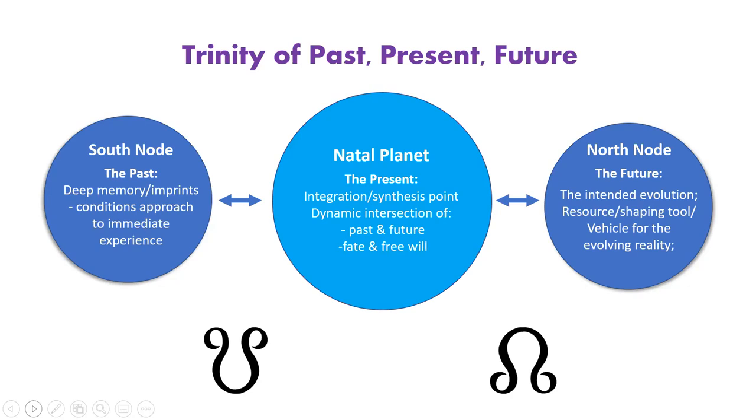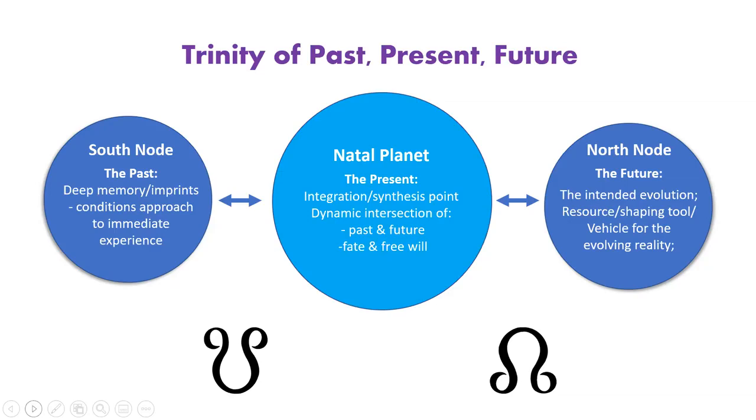The north node represents the future point. This is the intended evolution. It is a resource or shaping tool or a vehicle for the evolving reality. And the north node, nothing works in isolation here.